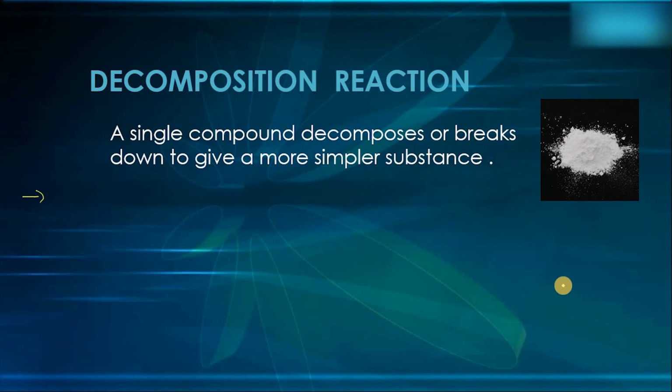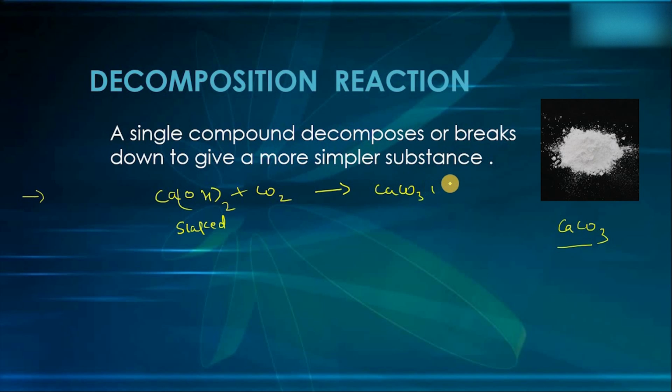Now, remember I told you about a reaction in which the whitewash that is done in your house, that compound, CaCO3, is formed. How did it get formed? When I added CO2 to slaked lime. So, this was a kind of combination reaction.